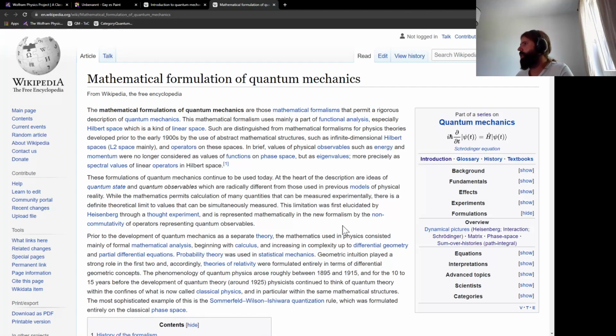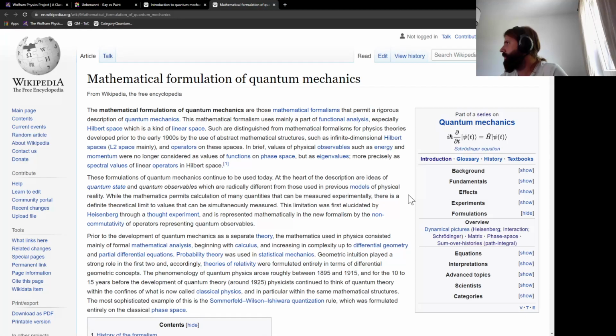Then I'd like to go through some of the fundamental particles, and then I'd like to go through experiment stuff. And I guess at some point we'll just pick a formalism and deep dive into it.